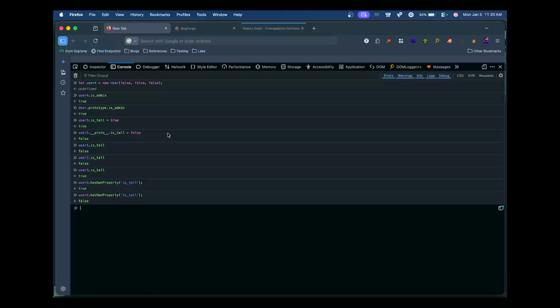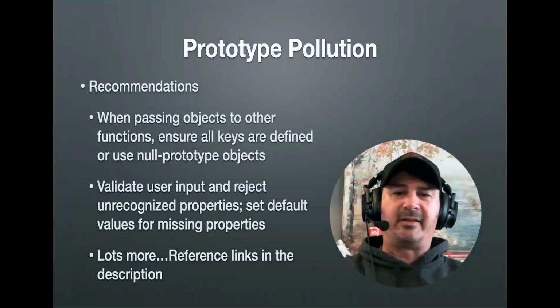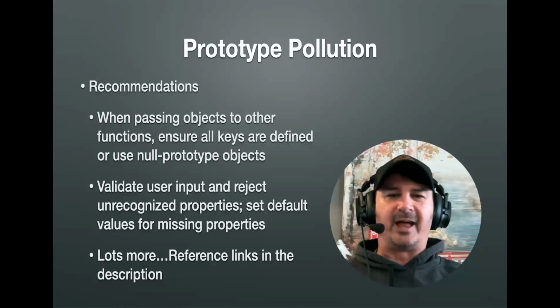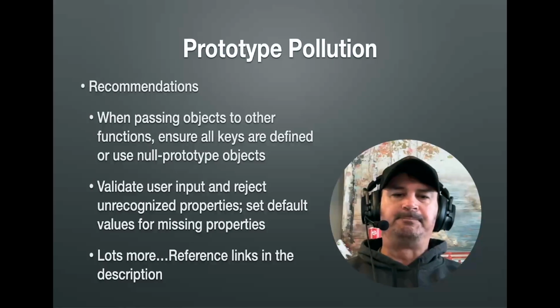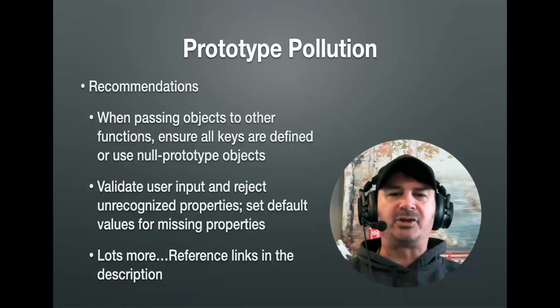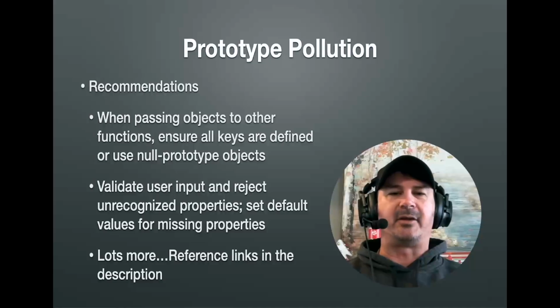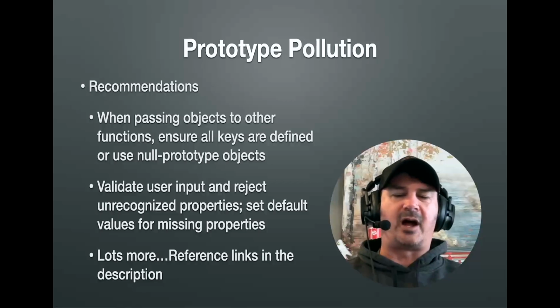So what was happening here when, well, I'm getting ahead of myself. Let me go back to this. I'll say what I was going to say when we get into the lab. So you want to make sure that any objects that you pass to other functions have all keys defined, right?